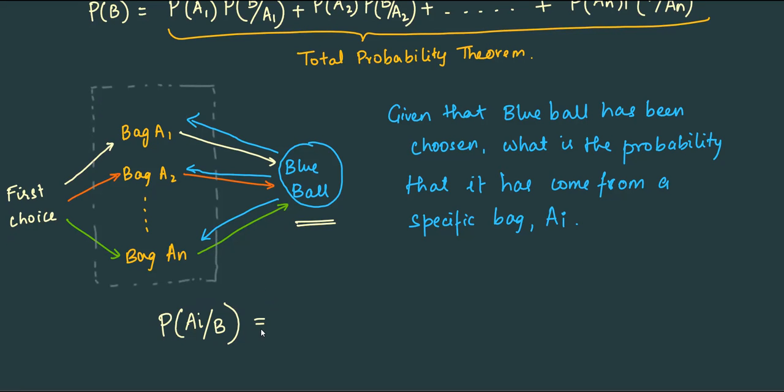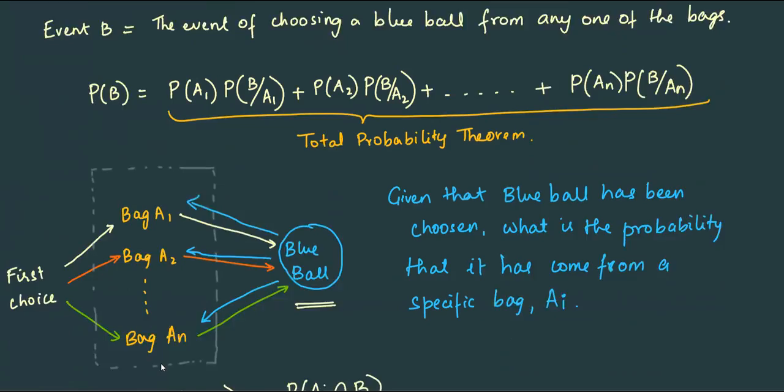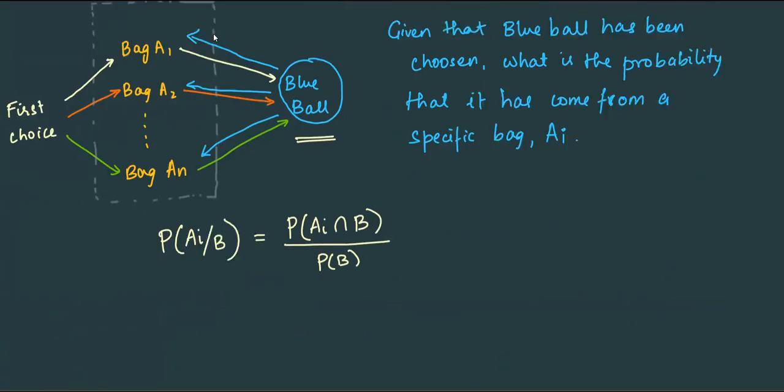According to the conditional probability theorem, this is probability of AI intersection B upon probability of B. Now, probability of B from the total probability theorem is this.